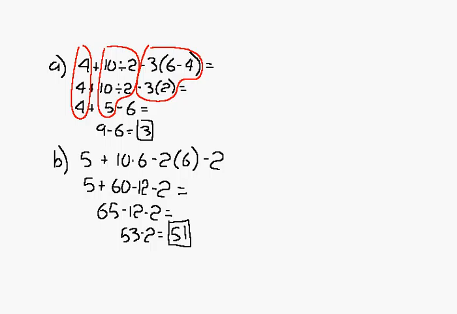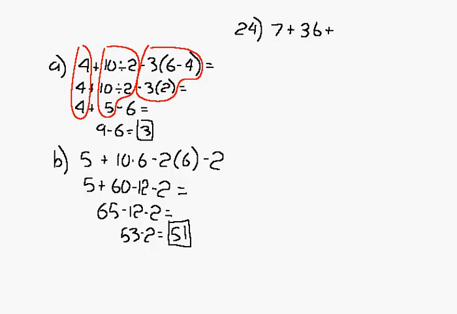Let's do one more of these. Let's do number 24. On this one I'm going to do even more mentally than the last one instead of writing it all out. So we have 7 plus 6 times 3, that would be 18 times 2, that's 36.